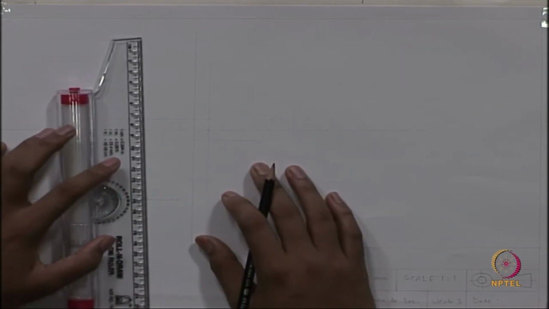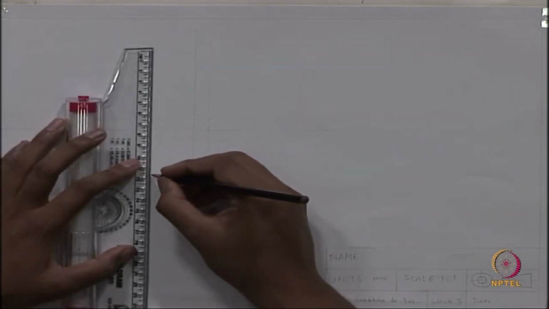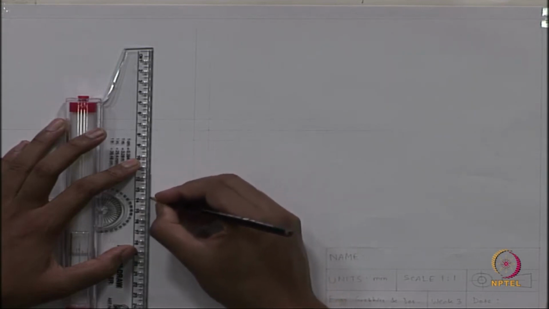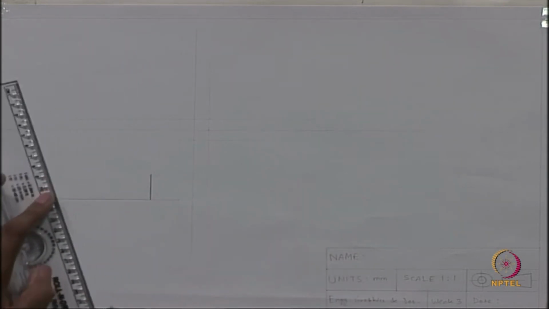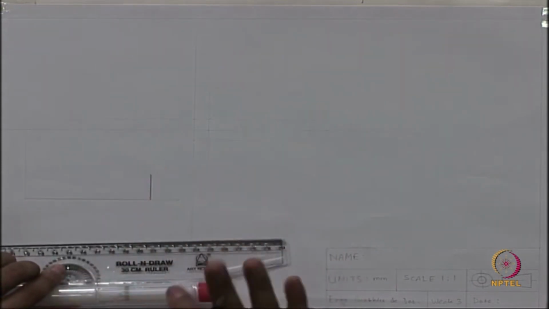Then vertically I said 24. From here to a distance 24, then join the point. So, 2 lines we have already got.